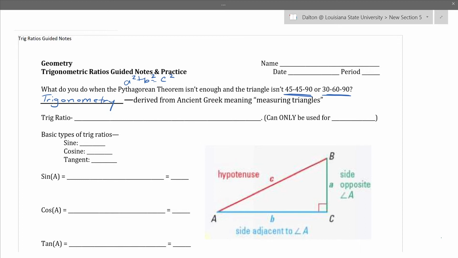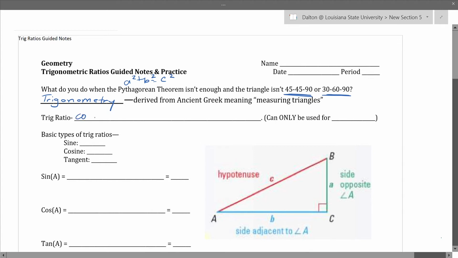So when we talk about a trig ratio, all we're talking about is that it compares two sides of a triangle. Now, again, these can only be used for right triangles.